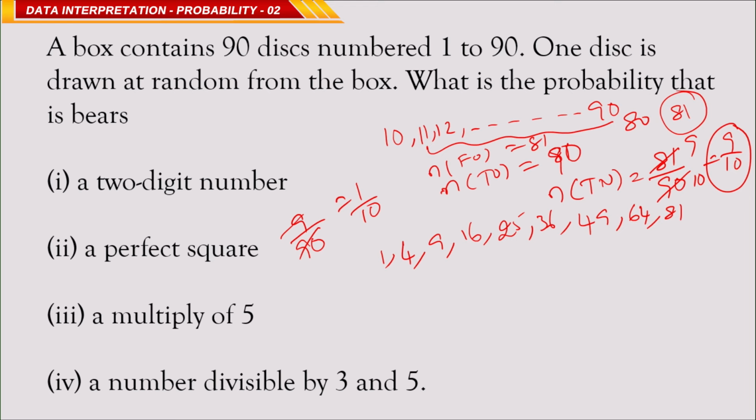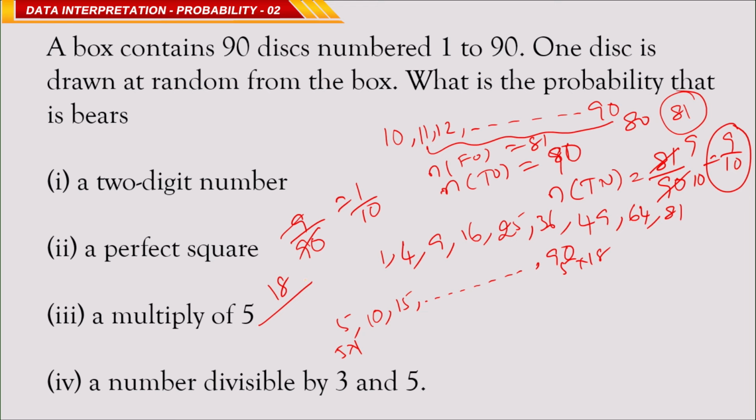Clear? Now, multiple of 5. What is the probability of a multiple of 5 here? The multiples of 5 start: 5 1s are 5, 5 2s are 10, 5 3s are 15 and so on up to 5 18s are 90. Means there are 18 multiples of 5 from 1 to 90.